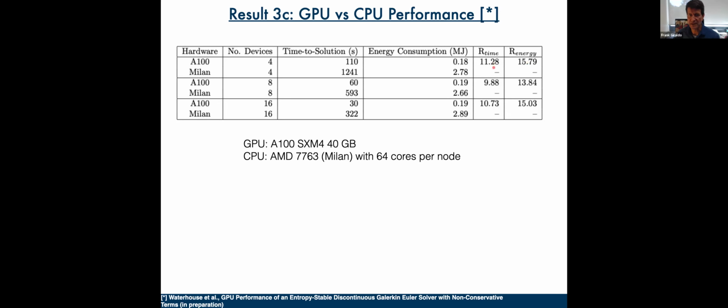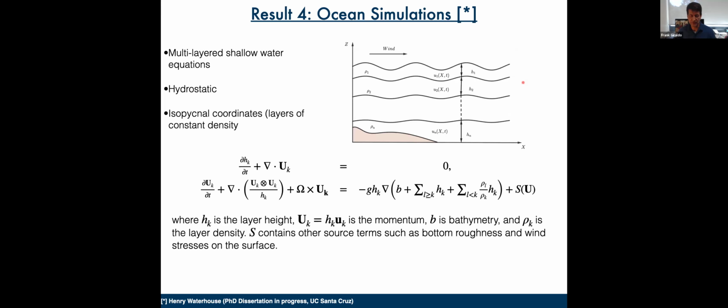And you can see that as you increase the number of devices, there's a dip, but then it increases again. So worst case scenario, I would say that for the simulation that we've done, our GPU code on an A100 is roughly a factor of 10 faster than our CPU code NUMA on the Milan cores, and about 13 times more energy efficient. So that's what we have so far on that result.